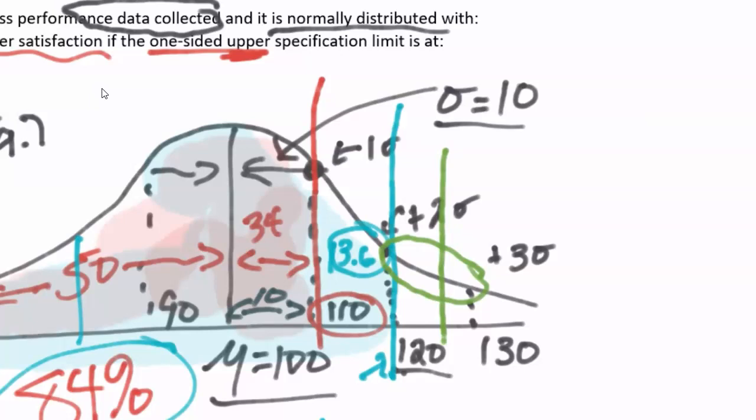We're stumped. And that is the dilemma when we're working with performance data that's normally distributed and we are comparing a specification limit. If the spec limit lands exactly on the 0, 1, 2, plus or minus 3 standard deviation lines, empirical rule solves our problem.